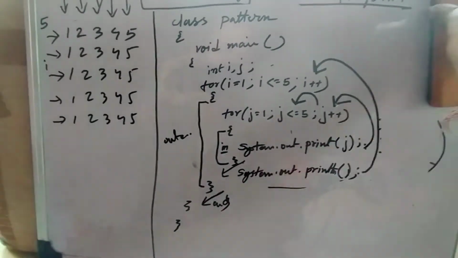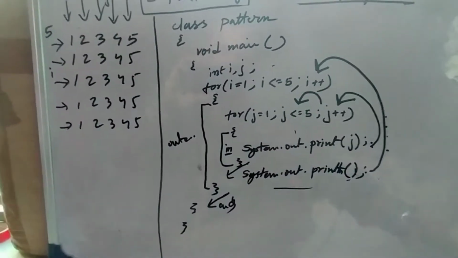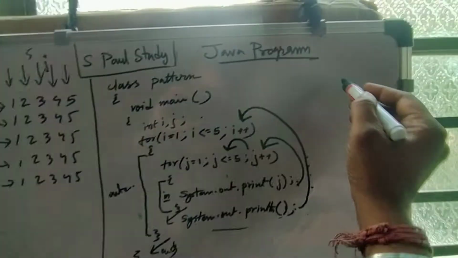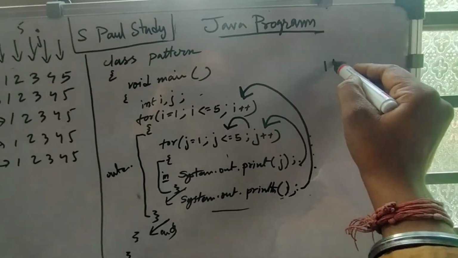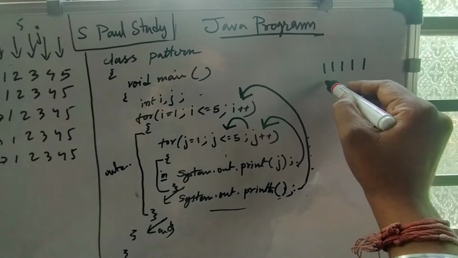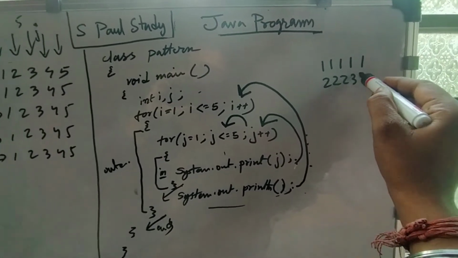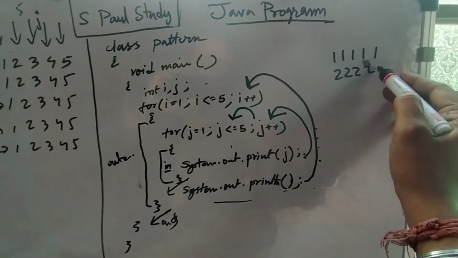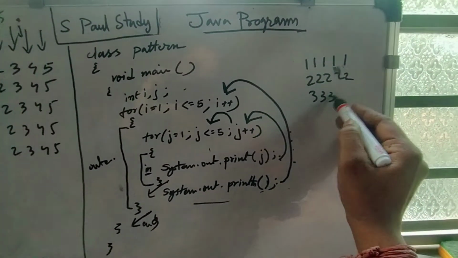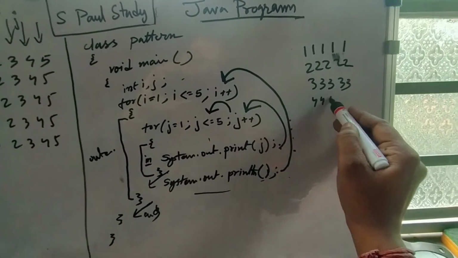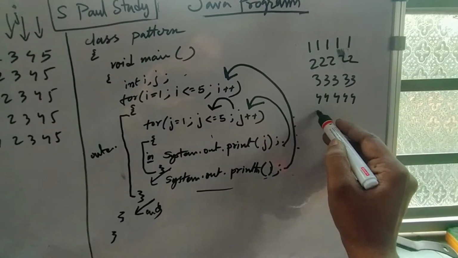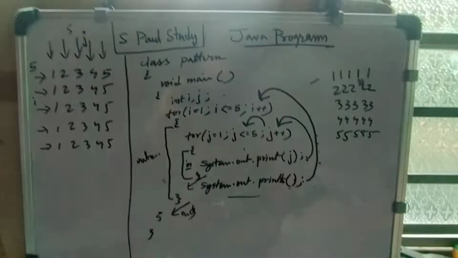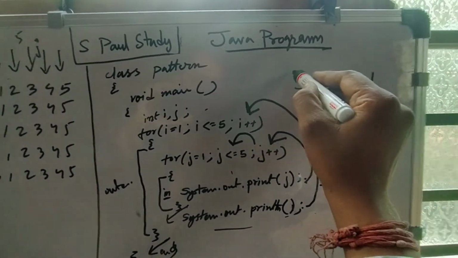but if the number changes here, if our pattern is like this, then how can we write a program so that we can print this kind of pattern? See, we have the same number in every row.